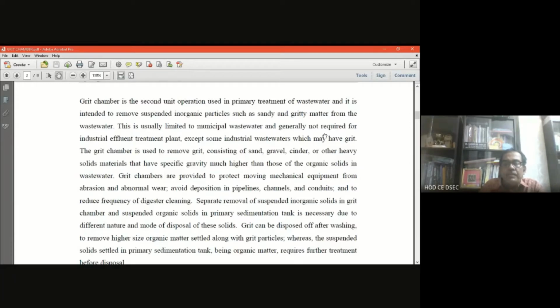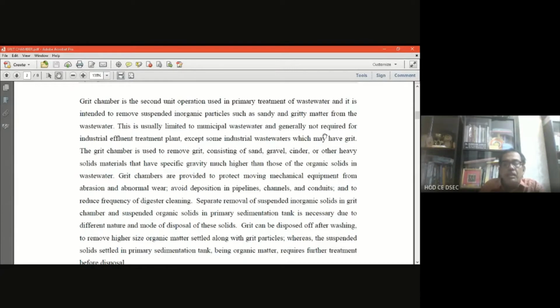So the treatment operating system should not be malfunctioned by these grit particles. That is the significance and basic purpose of the grit chamber.